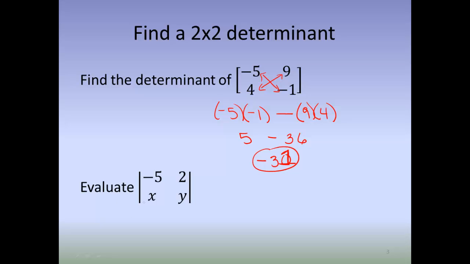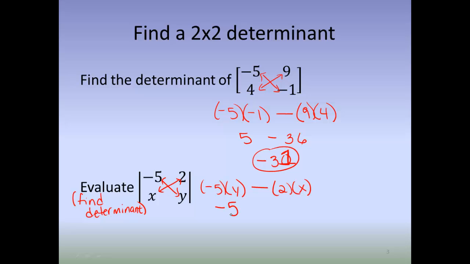This one here, I didn't say find the determinant, but I put the absolute value bars around it. These bars mean find the determinant. Okay. So we'll go ahead and multiply our diagonals. So take negative 5 times y, subtract, multiply the other diagonal, 2 times x.